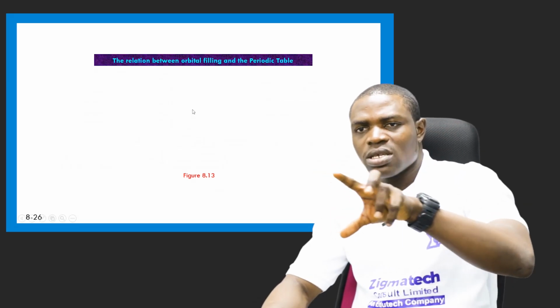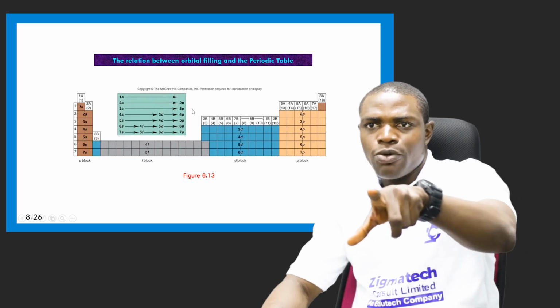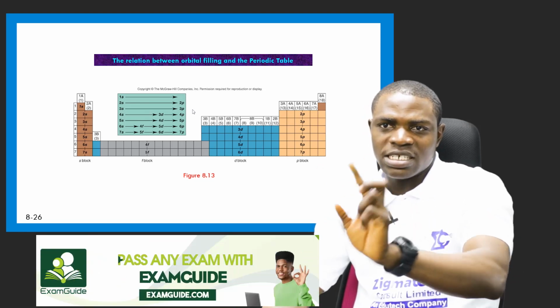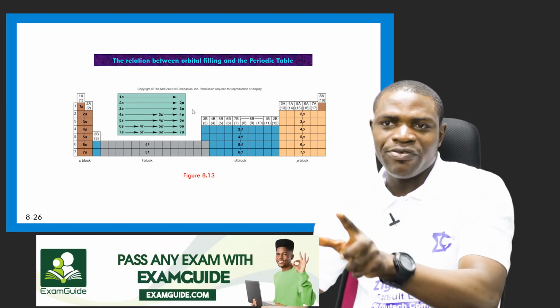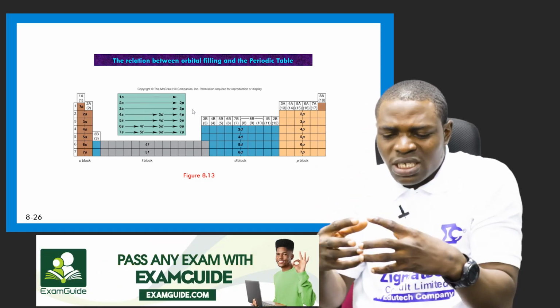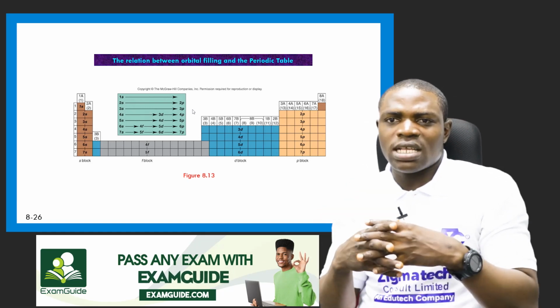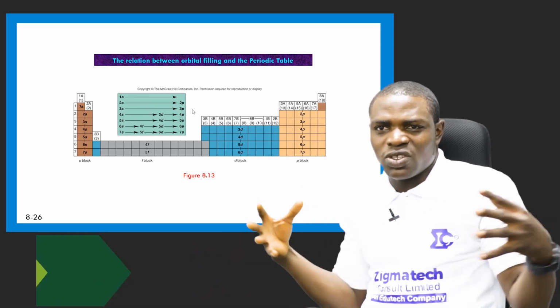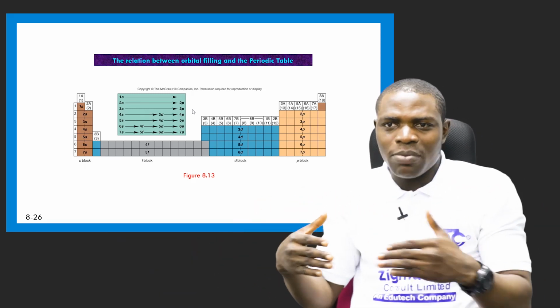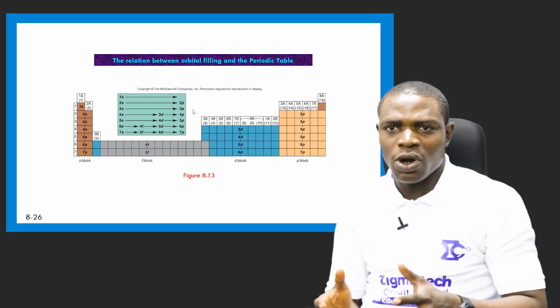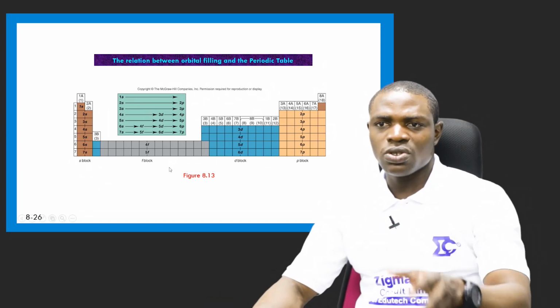So 1s, then 2s with 2p actually have the same resolution. 3s, 3p, 4s, 3d, 4p. This shows the synergy, the hybridization between the sub-energy levels. This shows that in each of these energy levels, there's a resolution within and between them so that they can be able to strike a balance even among themselves. So this shows the trend.